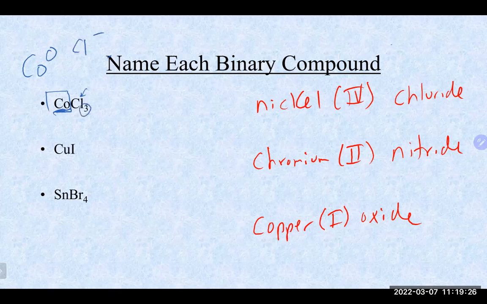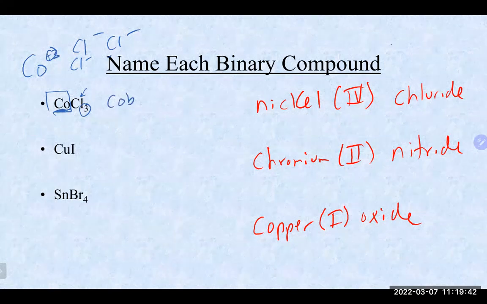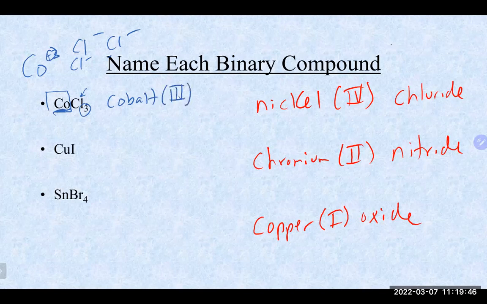There are 3 of them, which means that overall it is a -3 charge, so in this case our cobalt must have a +3 charge. That gives us the whole name of the metal, cobalt, then Roman numeral 3 for the charge on the cobalt, and then chloride at the end. Again, the +3 charge is where we get the Roman numeral from. Any questions on that name?